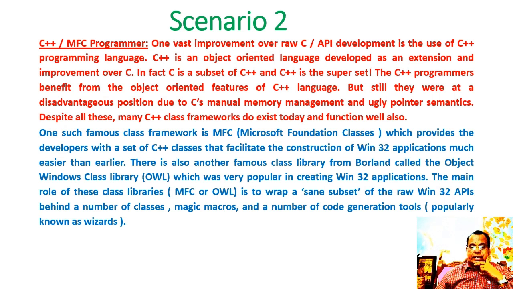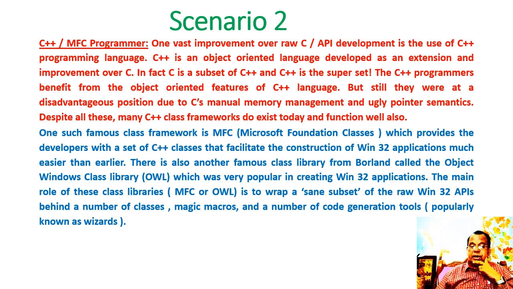There's also another famous class library from the Borland company, called the Object Windows Library, or OWL, which was very popular in creating Win32 applications.